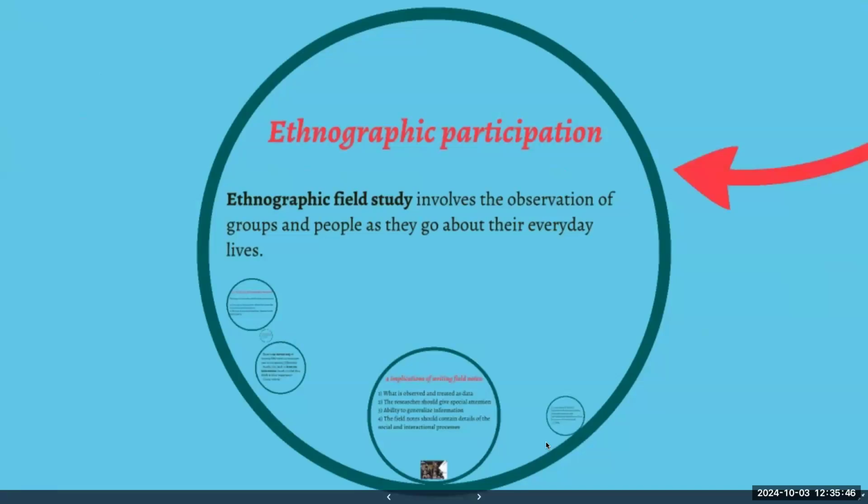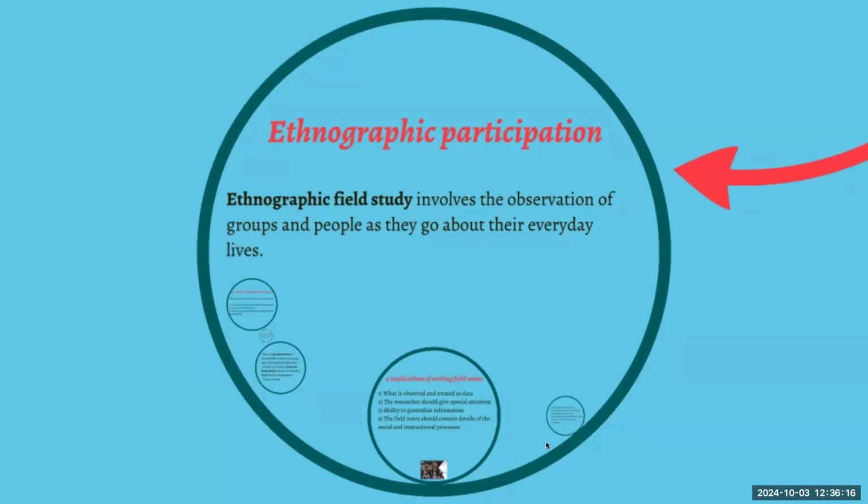All right, so ethnographic participation is a central aspect of field studies where you, as the researcher, immerse yourself in the everyday lives of the people that you are trying to study. This direct engagement helps the ethnographer gain a nuanced understanding of behaviors, of different social interactions, and the context in which these things take place.